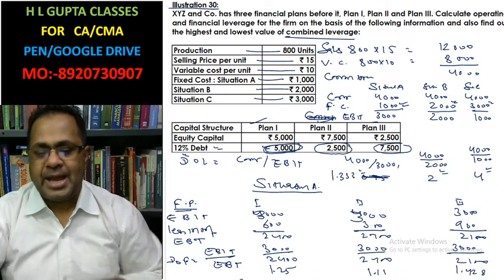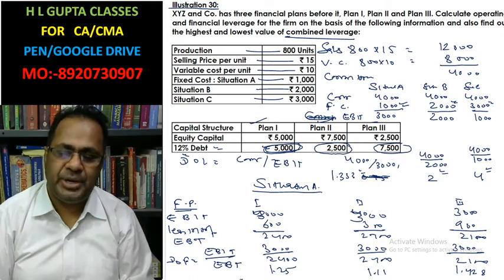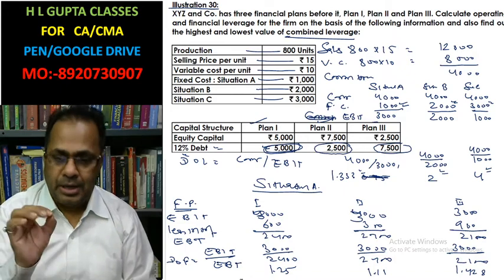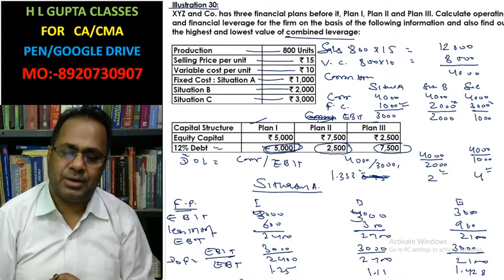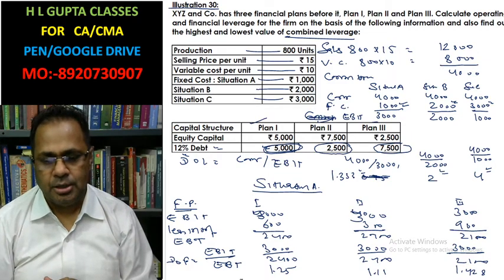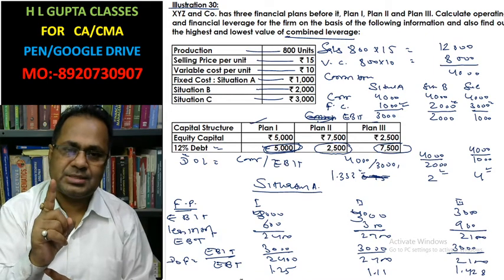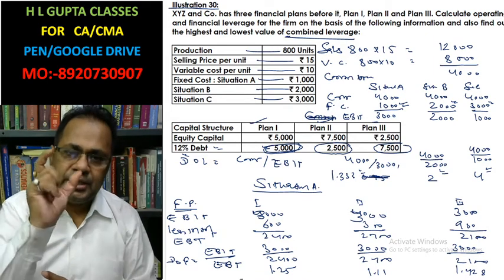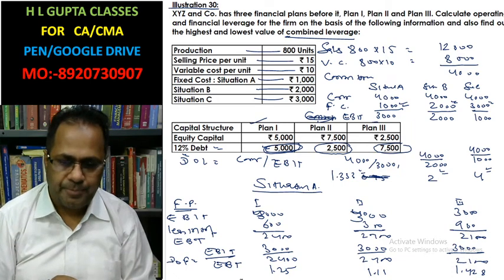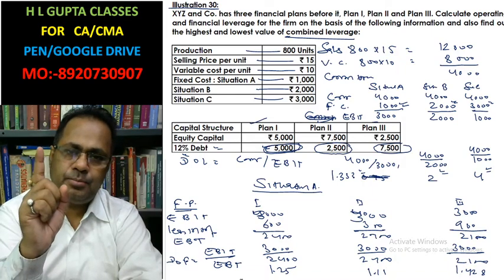Exactly the same we have to calculate for situation B: EBIT divided by EBT. Exactly the same way you have to calculate for situation C. For each situation there are three types of financial plan, and that's why three financial leverages are calculated for each situation.